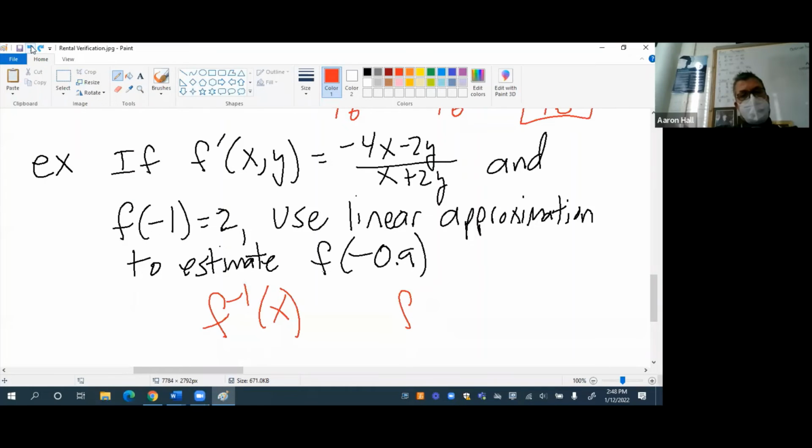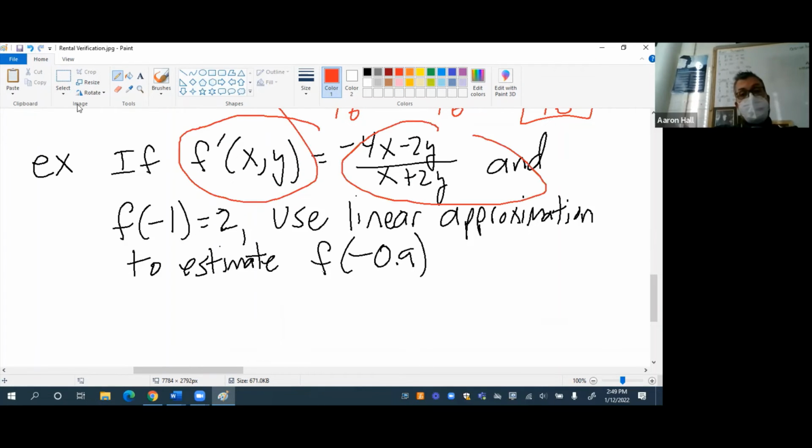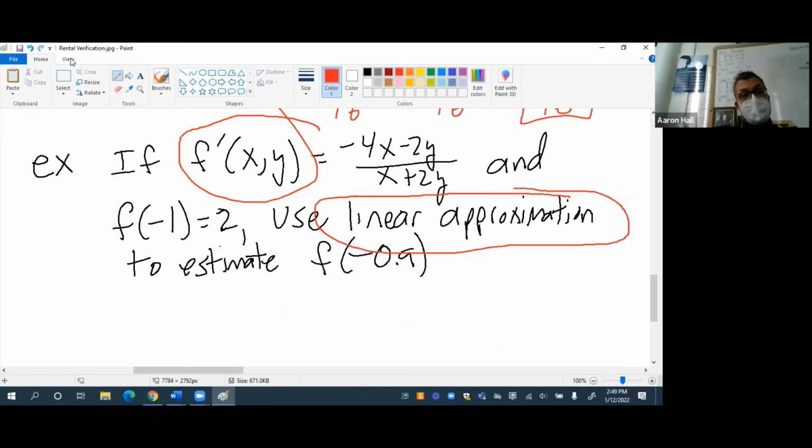The rate of change. It gives us our slope. So it's already the slope equation. It says f prime of x comma y, just another fancy way of saying this is the derivative. So if I have to use linear approximation or linearization, it's the same.